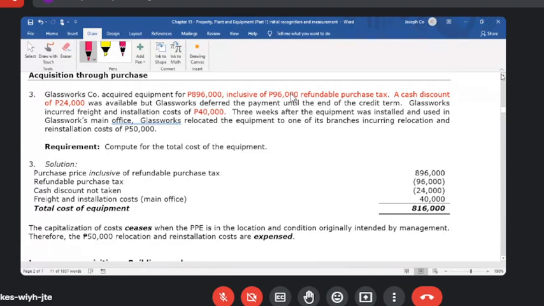And then, cash discount. Yung cash discount natin dito, whether taken or not taken, automatically you deduct.